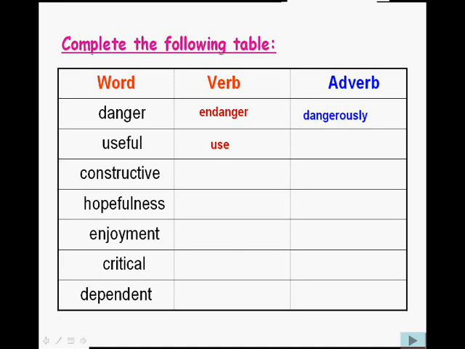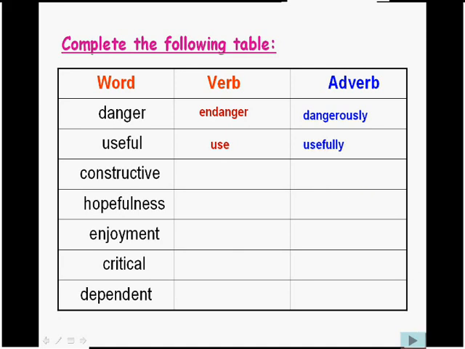Okay? So useful, we have the verb use, and of course it's according to its pronunciation. Sometimes you have use as a noun also. So in this case, if you have verb, then it is use. So useful, the adjective, the verb is use, and the adverb is usefully. Yeah, I think you know that.